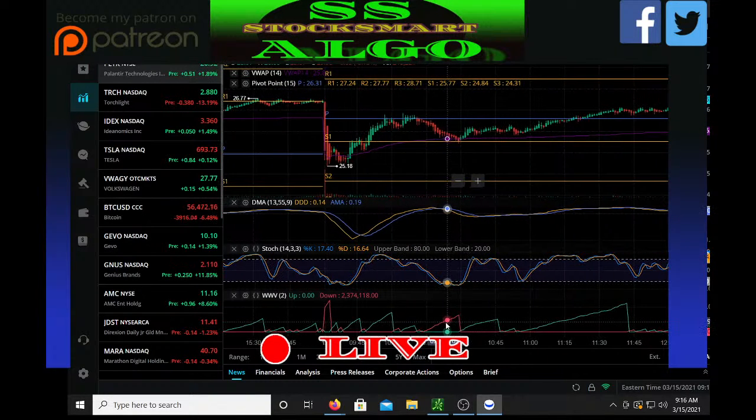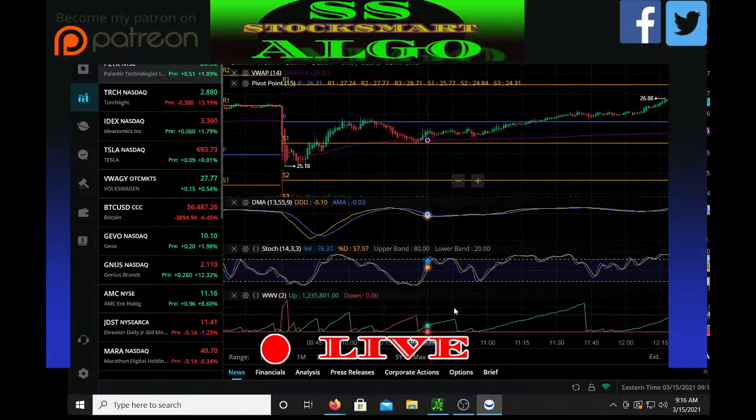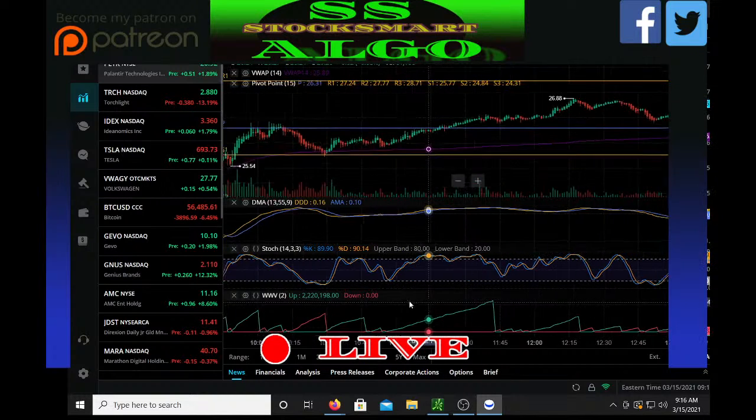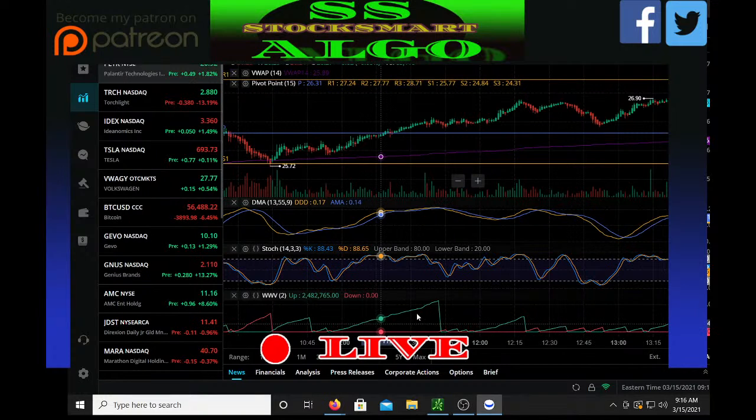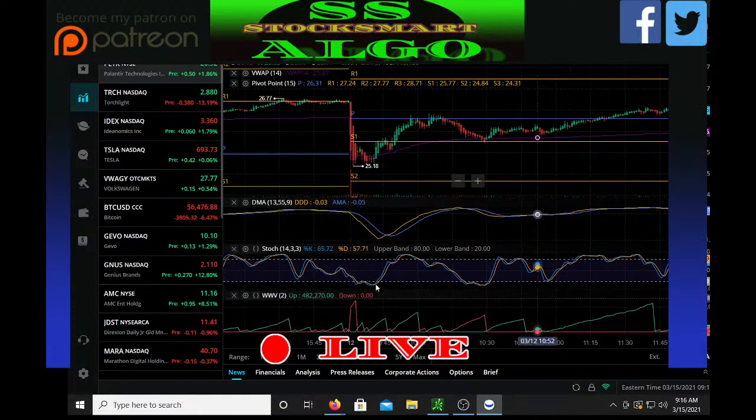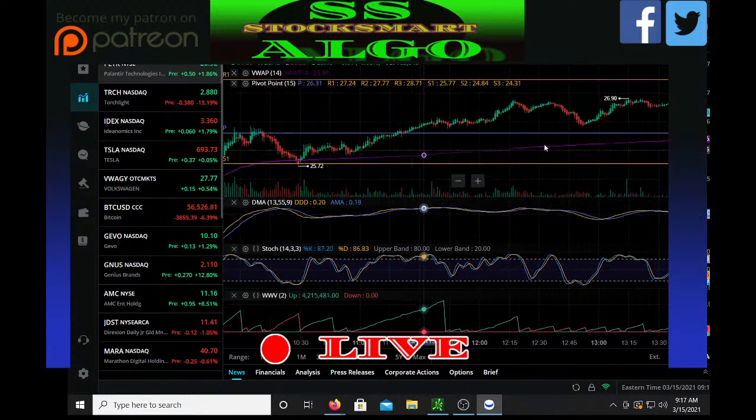Actually, I'm almost positive because I think I made it a reference to sharks in the water. They look like little shark fins. That's a big shark in the water. And a big dip. All the way down to an S2, bounce up to pivot, back down to S1, back up to pivot, crosses pivot.